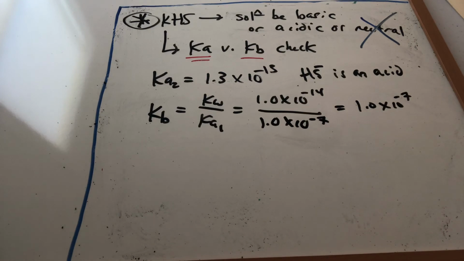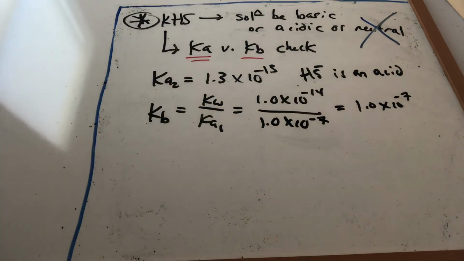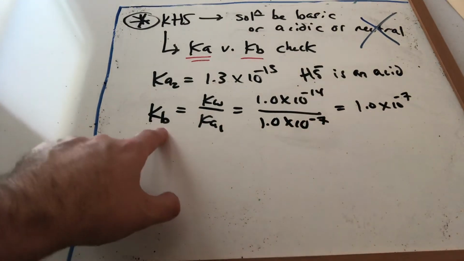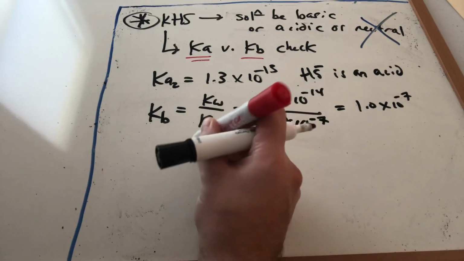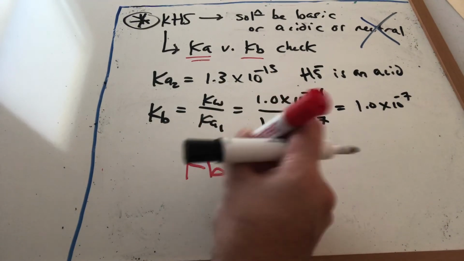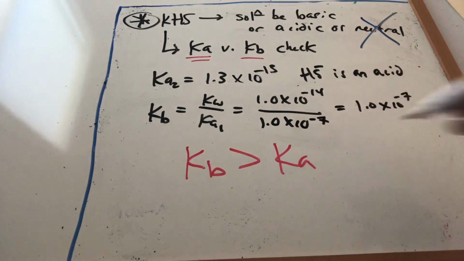Now look, we're trying to decide whether this salt is going to produce a solution that's basic or acidic. Whichever K is bigger wins. And that tells you whether it's going to be a base or an acid. For this situation, hopefully you can see that Kb is way bigger than the Ka that we're looking at.